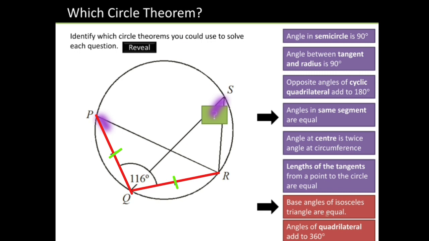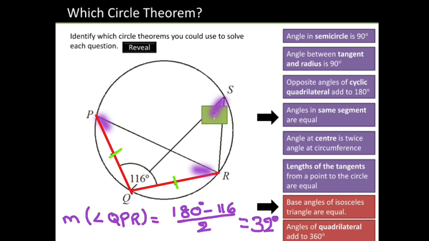From base angles of isosceles triangle are equal, because this is an isosceles triangle, this angle is equal to this angle. QPR is equal to angle QRP, and both of them will be found by subtracting 116 degrees from 180 degrees and then dividing by 2, and then we will find the same angle here in QSR.